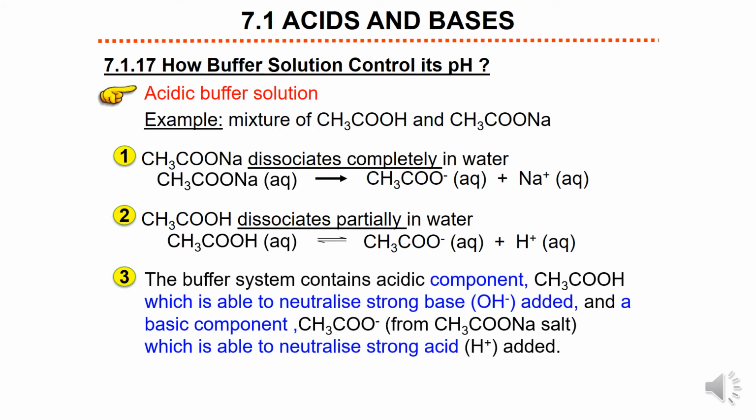The buffer system contains an acidic component, acetic acid, which is able to neutralize added strong base OH-, and a basic component, acetate ion, from the salt, which is able to neutralize added strong acid H+, the proton.